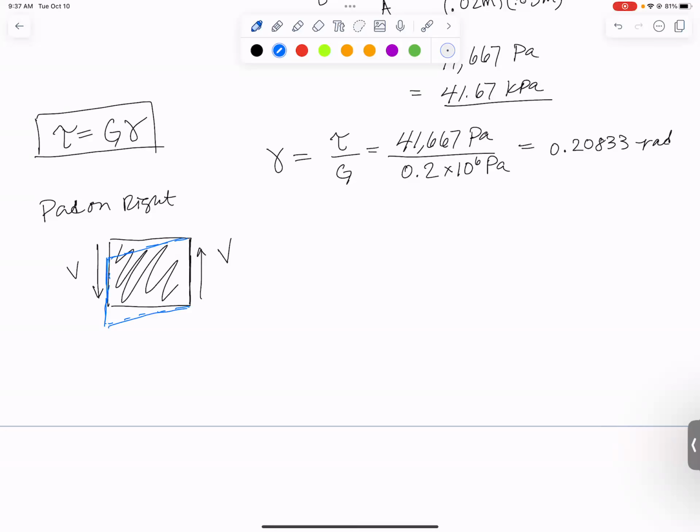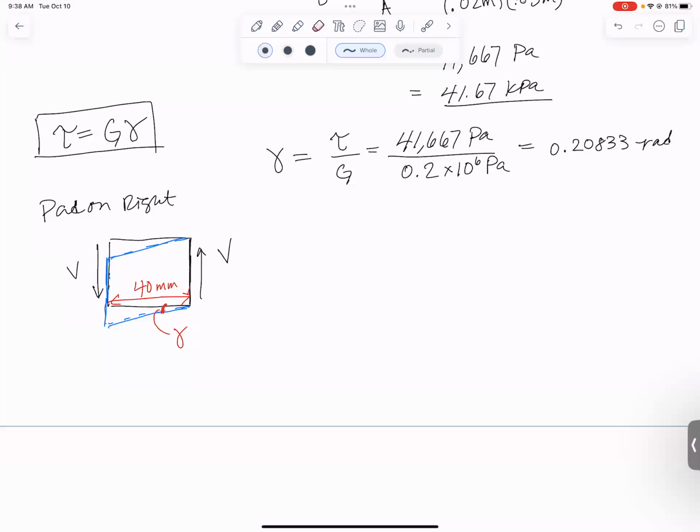Where is gamma on this diagram? Gamma is the change in angle from something that used to be 90 degrees. So our 90 degrees is that black right corner right there. Right there is gamma. This width is 40 millimeters. There we go, 40 millimeters wide with gamma right there.